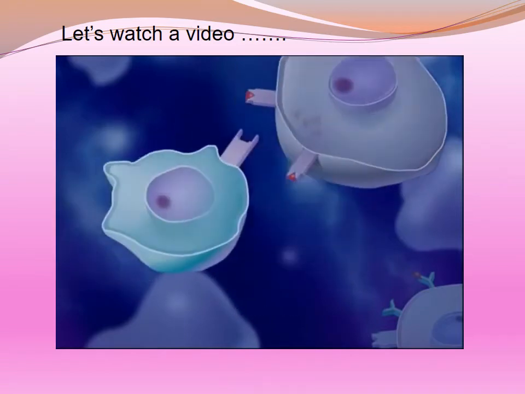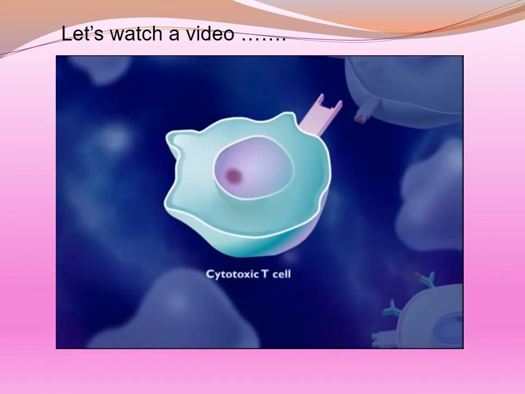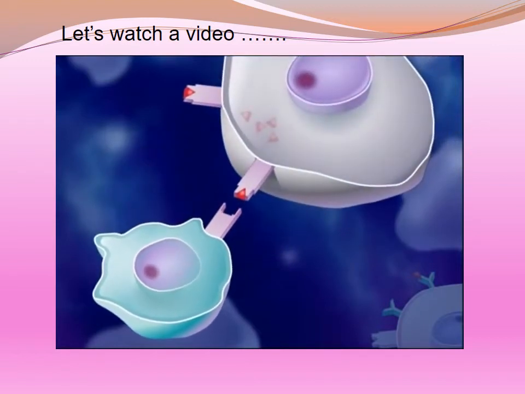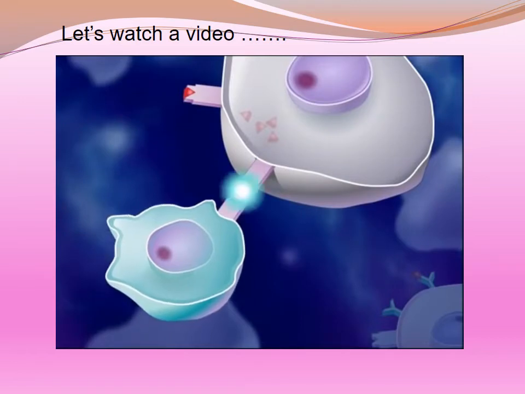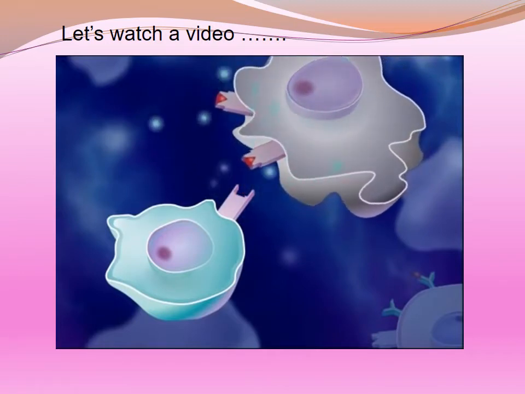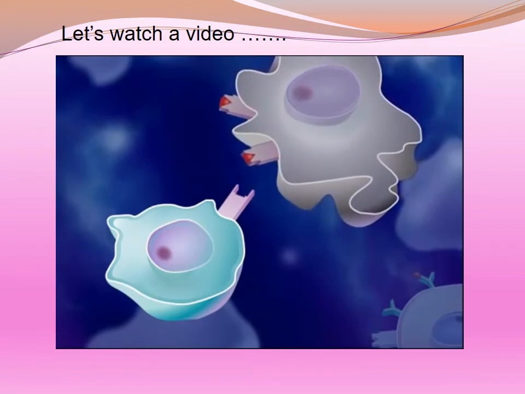The body makes millions of different types of cytotoxic T cells. Each type is able to recognize a particular antigen. The cytotoxic T cells that are capable of recognizing the antigen displayed on the surfaces of infected cells bind to the infected cells and produce chemicals that kill the infected cell. Death of the infected cells results in destruction of the pathogen.